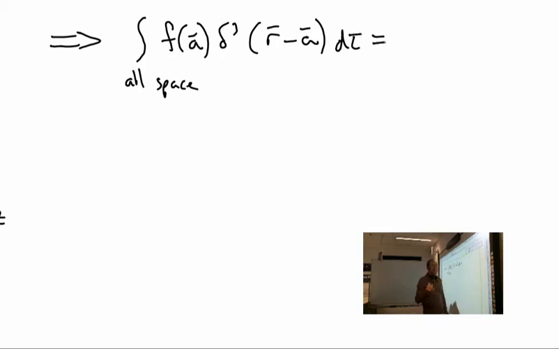And essentially what this does is the integration will just pick out the value of the function which is located at the spike, which is going to be located at a. Okay? So this is very similar to the 1D case. So it takes the value of the function at the location of the spike.